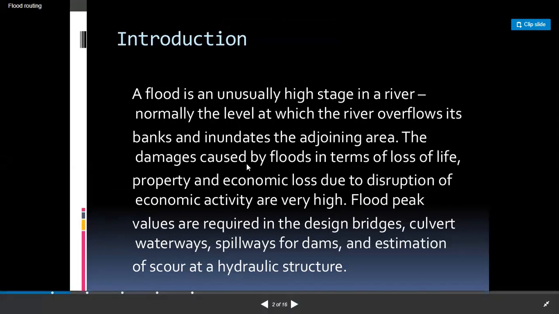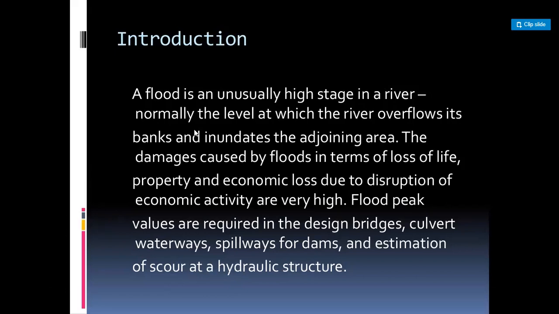The damages caused by floods in terms of loss of life, property, and economic loss due to disruption of economic activity are very high. Flood peak values are required in the design of bridges, culverts, waterways, spillways for dams, and estimation of scour at a hydraulic structure.